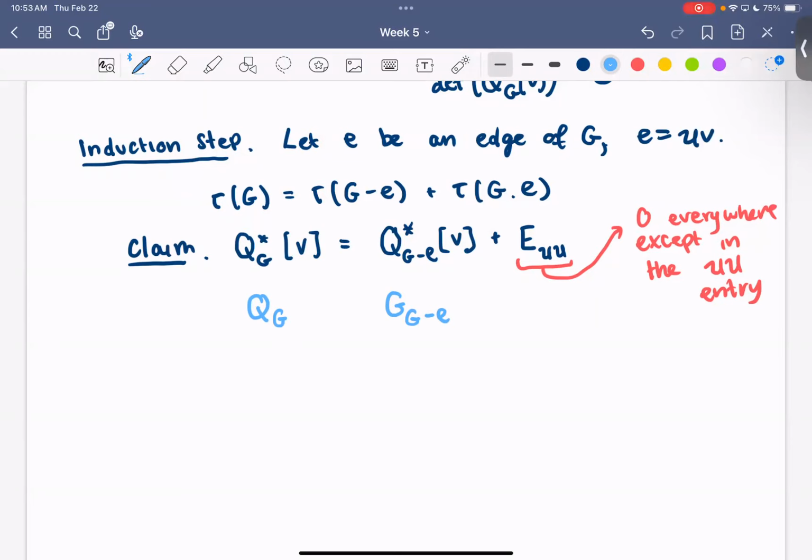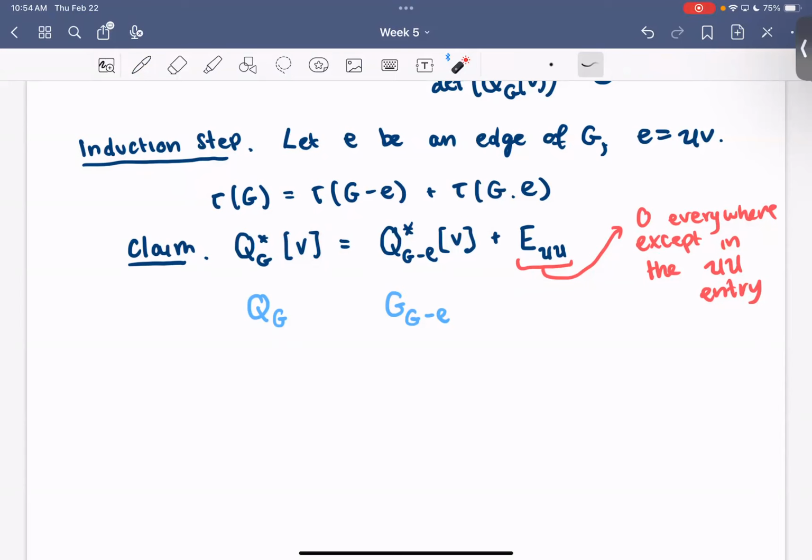So those diagonal entries will go down by 1. And in the UV entry and the VU entry, we've also lost something, right? But when we delete the row and the column corresponding to those two, we'll forget about that part of it. So all that we'll have is that in the UU entry, the degree has gone down by 1. Is this making sense?